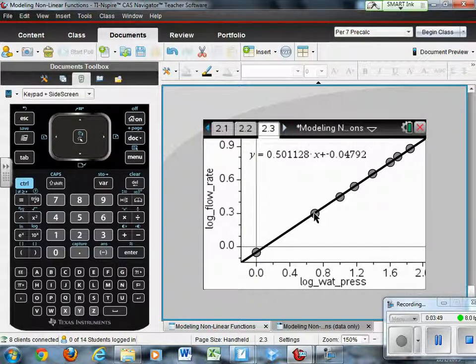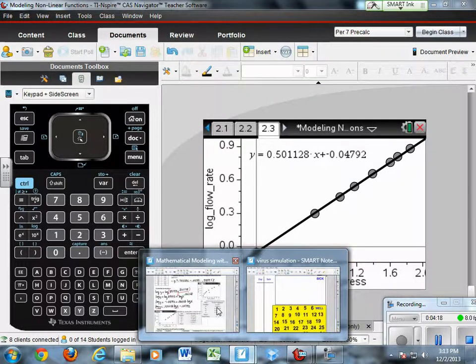Here is the linearized graph between log of water pressure and log of flow rate, and notice the equation, there are those same two numbers. When we did a linear regression, those same two numbers popped up as before. So when we're doing a power regression, we're really doing a linear regression of the log of both variables.